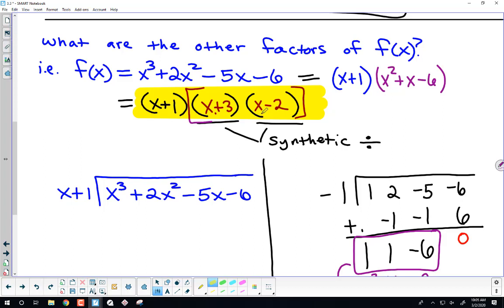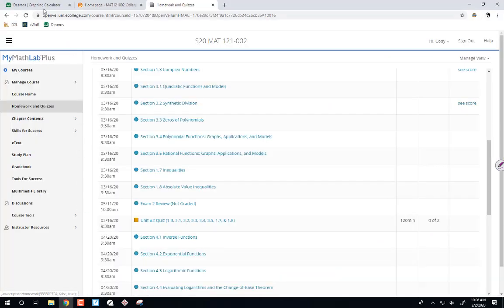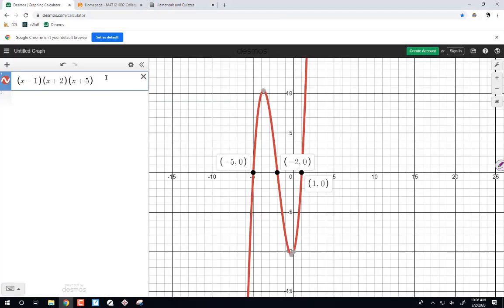Those factors correspond to the zeros of -1, -3, and +2. And what did we say was another way to describe our zeros on the graph? The x-intercepts, right? So not only do we have the factors, we have the zeros, which are the x-intercepts of that graph. So let's just verify that visually.